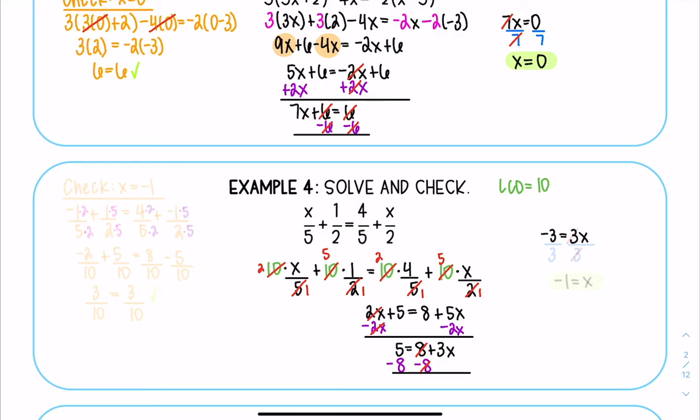And then we want to get x by itself, so we're going to divide both sides by 3. And so it cancels on the right, and negative 3 divided by 3 is negative 1, and that's equal to x.